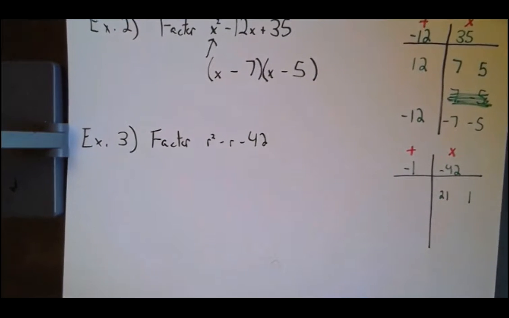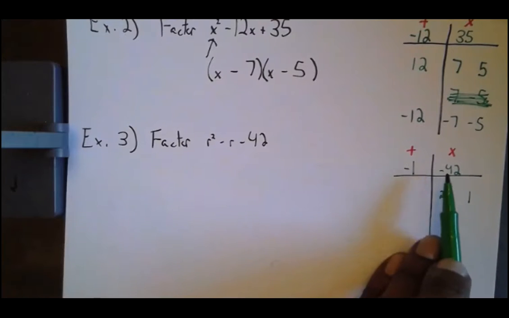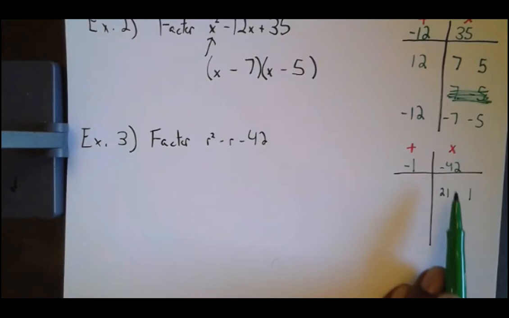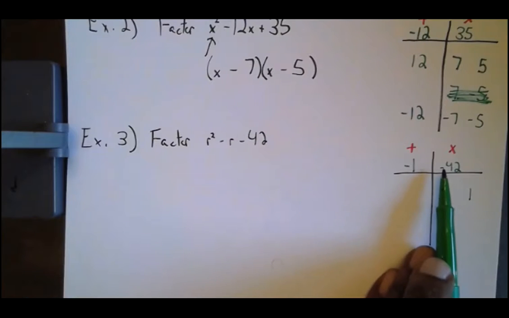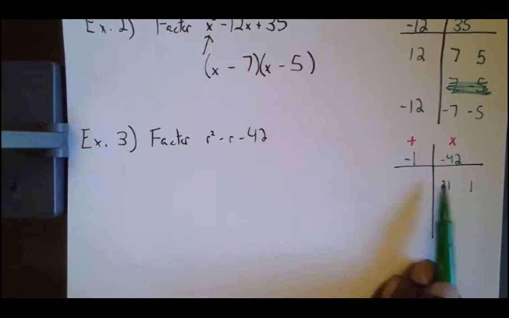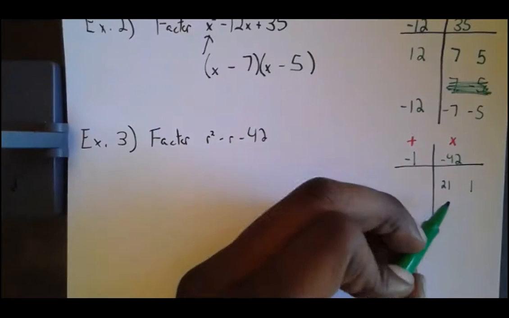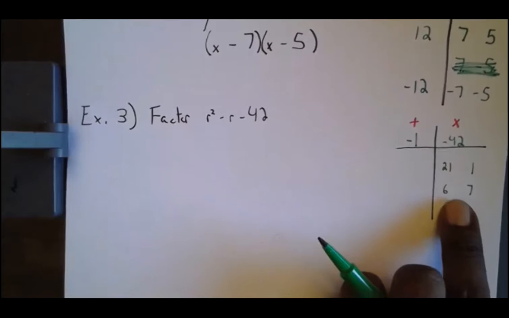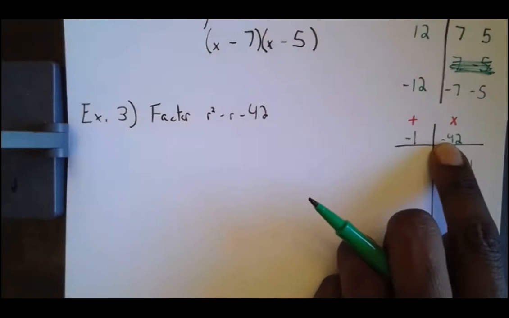But there's a problem here, and that is that this 42 is negative. So everybody, in order for something to be negative when you're multiplying, one of these numbers has to be negative, right? Yes. So for instance, if we just do 6 times 7, that's a positive 42.